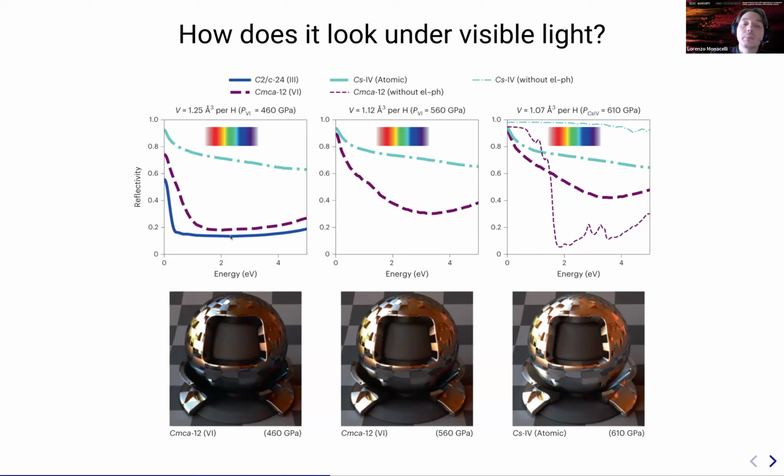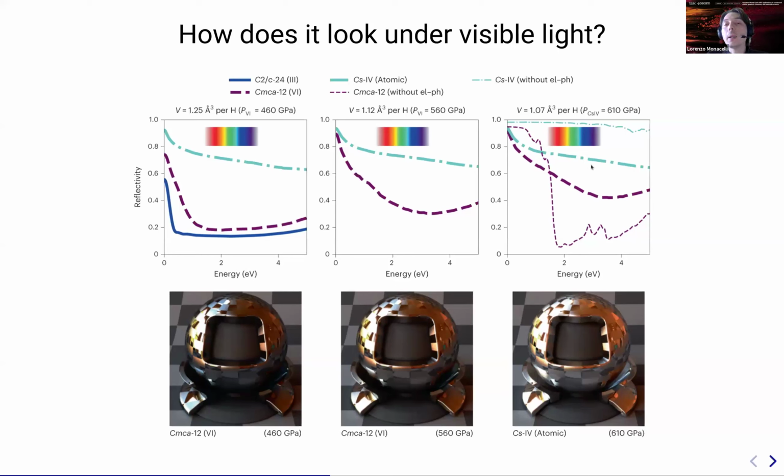So it's almost impossible to notice this with the actual experimental resolution. And here is how the sample should look: a blackish, poorly reflective sample. Then as we increase the pressure, the reflectivity gradually increases because the conductive property of phase 6 increases, until we transit into the atomic phase, in which it's more shiny, but it's a dirty shiny metal.